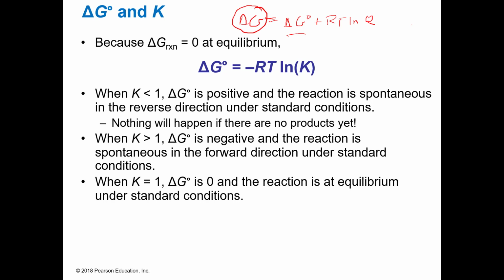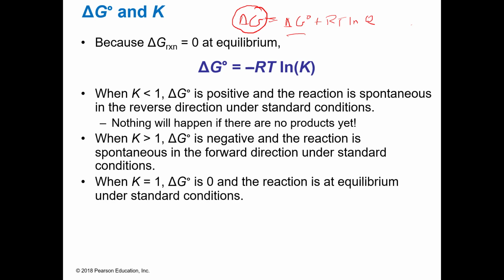So when K is less than 1, then the standard Gibbs free energy change is positive, and the reaction is spontaneous in the reverse direction. And that makes sense, right? K less than 1. We know that if K is less than 1, the reactants are favored over the products. And so delta G is positive, and we have a non-spontaneous reaction in the forward direction, spontaneous in the reverse.